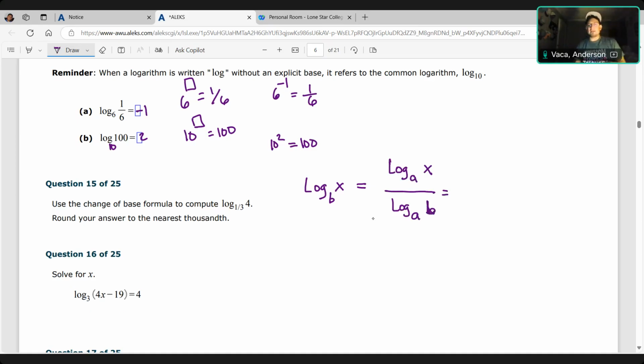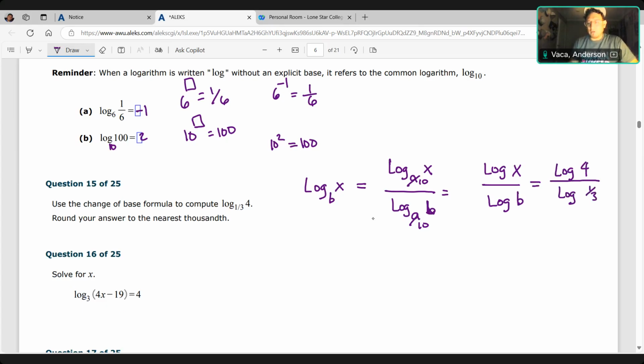But what I recommend is to use the common base 10. So this becomes the logarithm base 10 of x divided by the logarithm base 10 of b. In the case that we have here, we can rewrite this as the logarithm base 10 of 4 divided by the logarithm base 10 of 1 over 3.